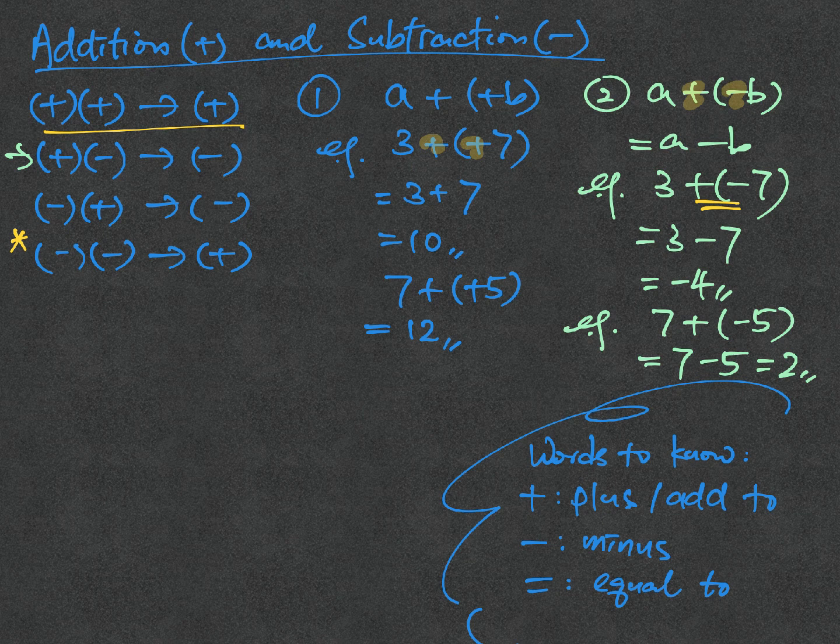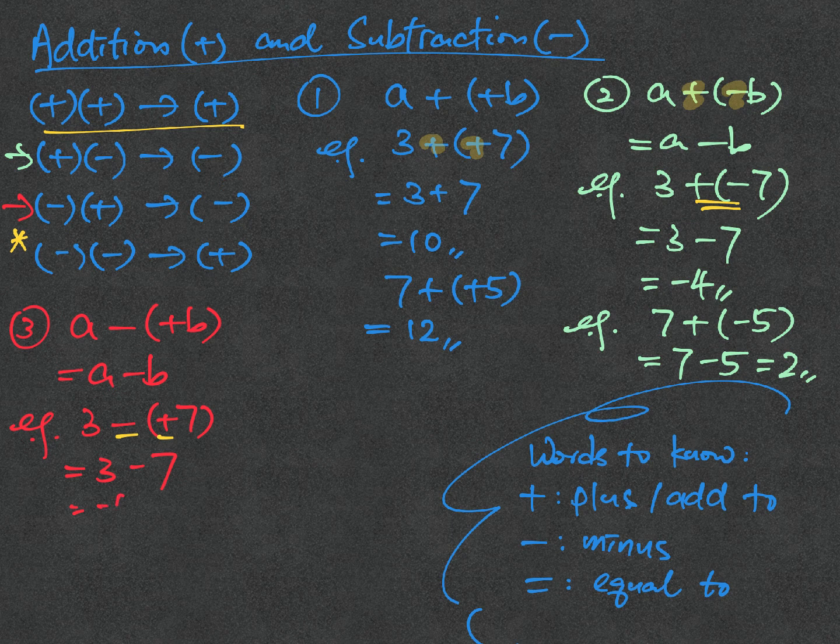Next, let's come to rule number 3, which is called minus plus. It will be like a minus positive b. According to rule number 3, it's equal to a minus b. For example, if we have 3 minus positive 7, it will be equal to 3 minus 7, because minus and plus turn to a minus.